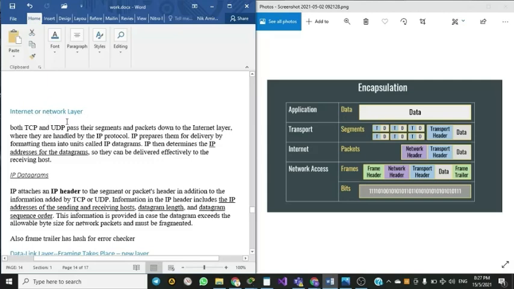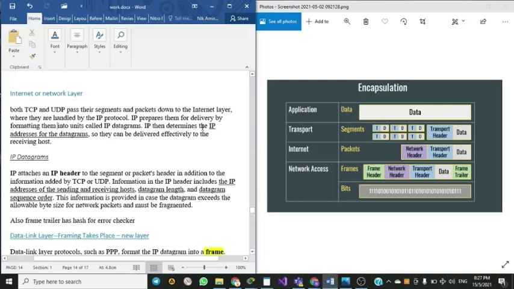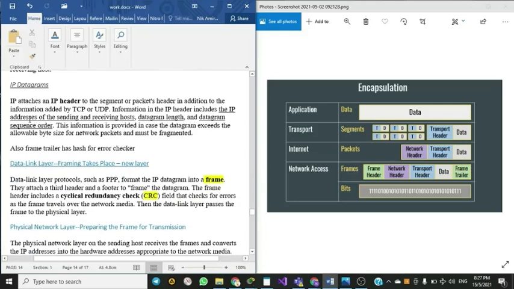Internet or network layer. Both TCP and UDP pass the segment and packet down to the internet layer, where they will be handled by the IP protocol. IP prepares them for delivery by formatting them into a unit called an IP datagram. IP then determines the IP address for the datagram so that it can be delivered to the receiving host.